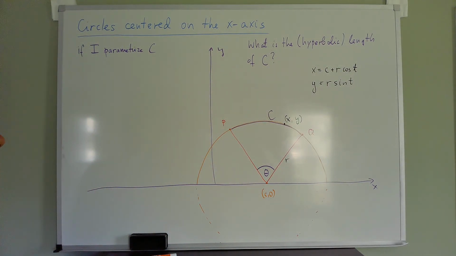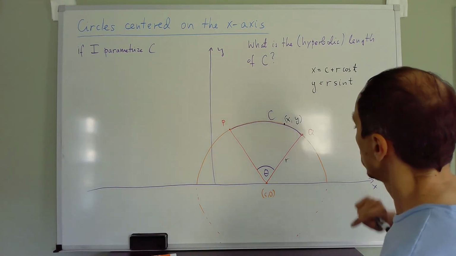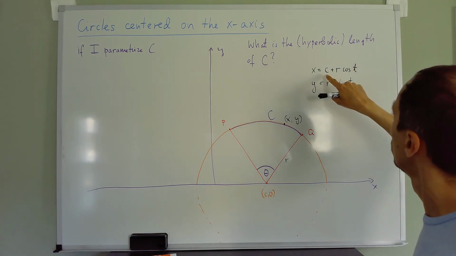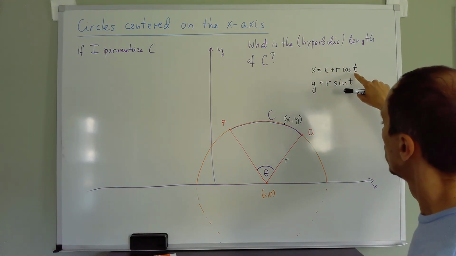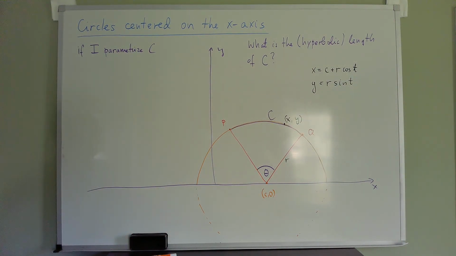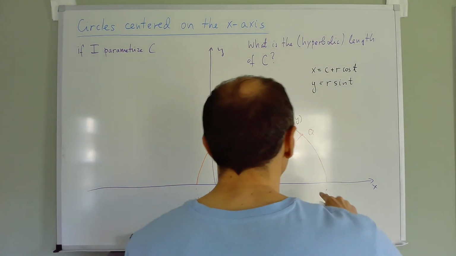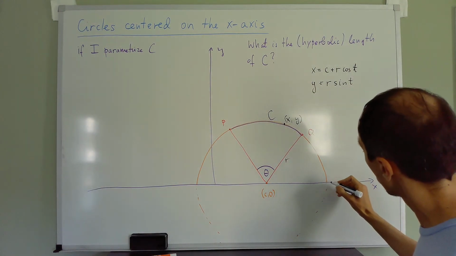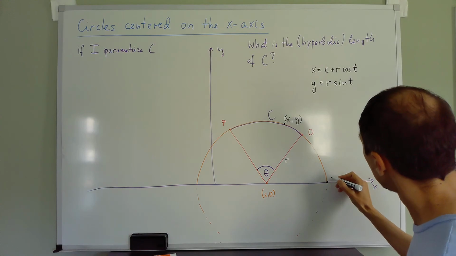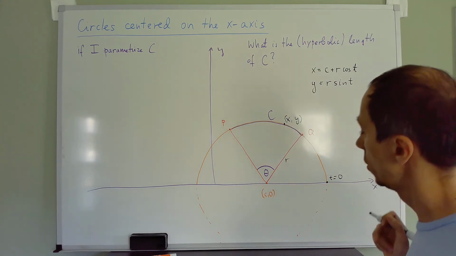So when t is 0, then y is 0, and x is equal to c plus r. So that means we're starting off here, right? This point corresponds to t equal to 0. And then we're going counterclockwise this way.